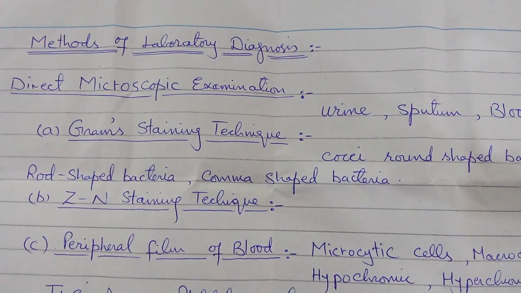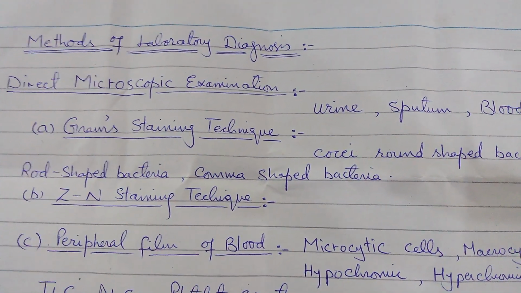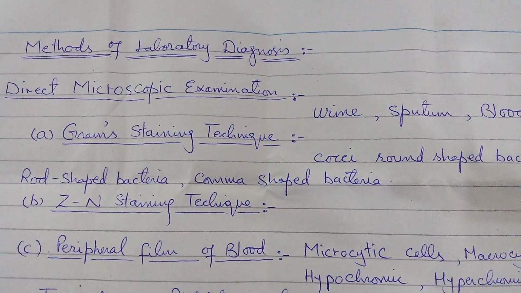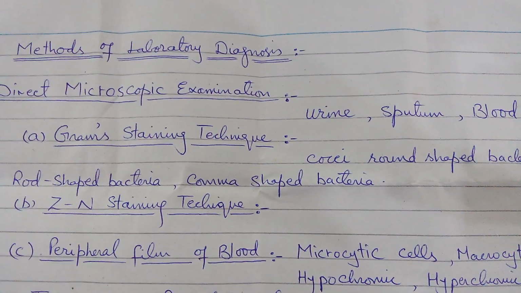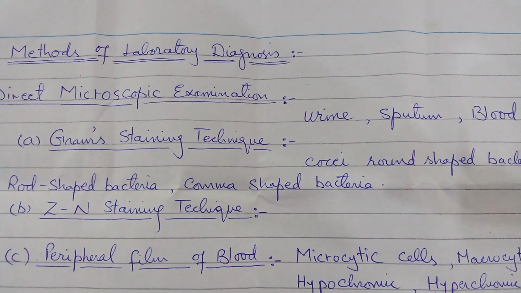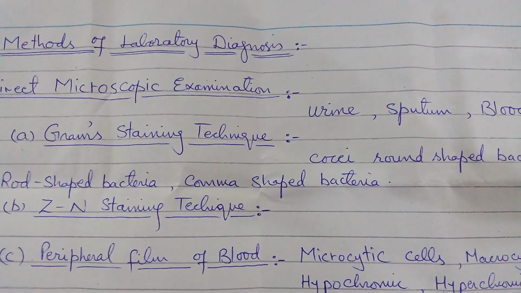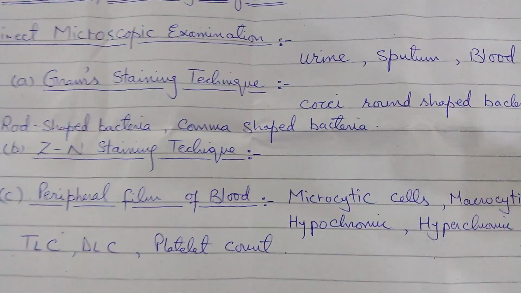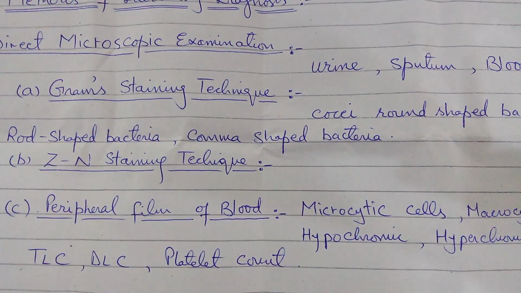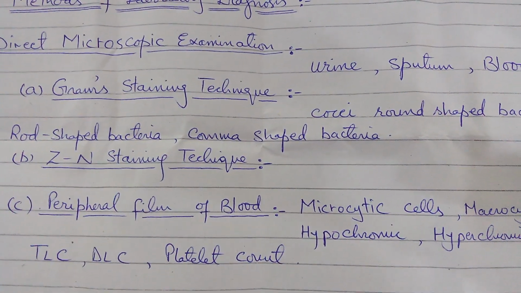Gram staining helps us to visualize microorganisms on the basis of their shape. For example, diplococci, round shaped organisms, comma shaped bacteria and rod shaped bacteria can be seen under the microscope. Similarly, ZN staining technique is used to differentiate Mycobacterium tuberculosis bacteria.